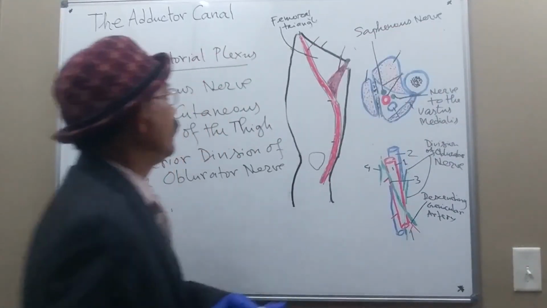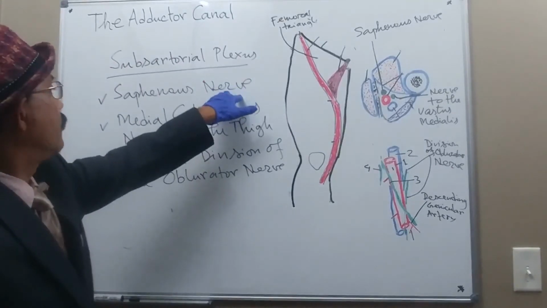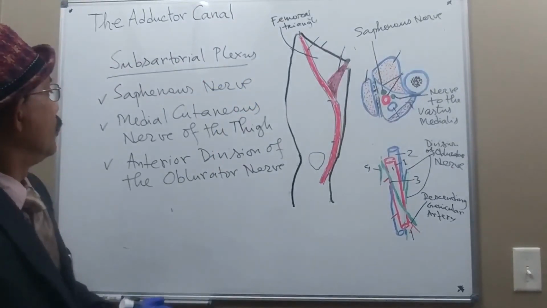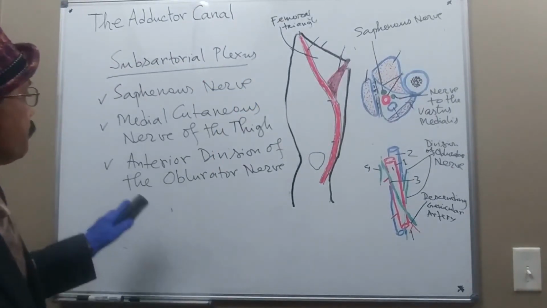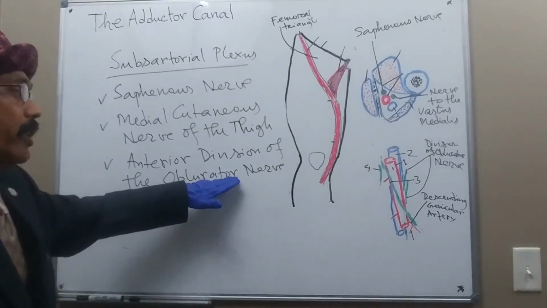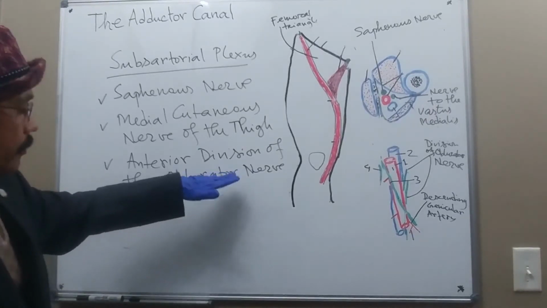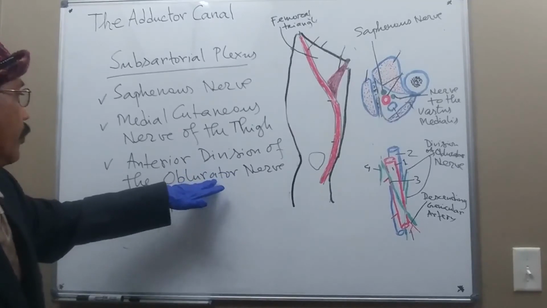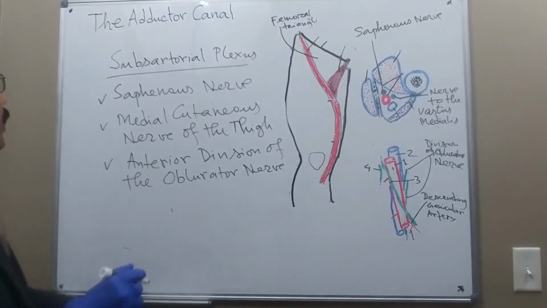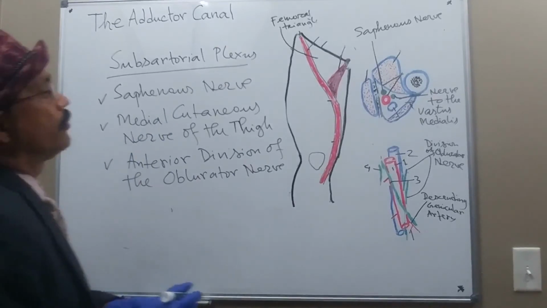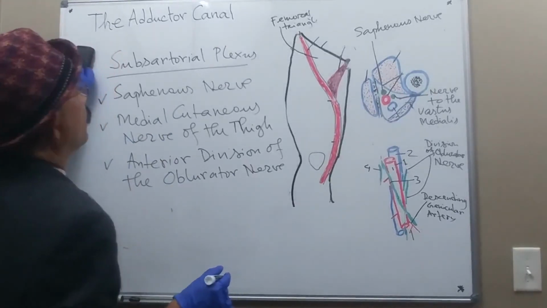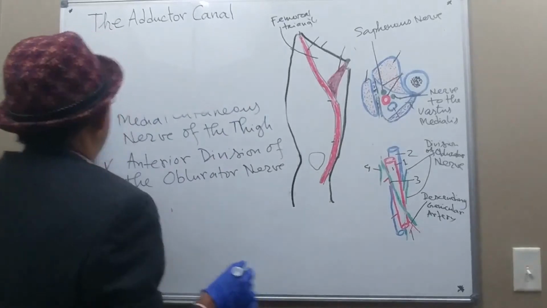Our saphenous nerve is a sensory nerve, and the obturator nerve innervates the muscles of the adductor group. And this is a cutaneous nerve, the medial cutaneous nerve of the thigh. So this is the subsartorial plexus.